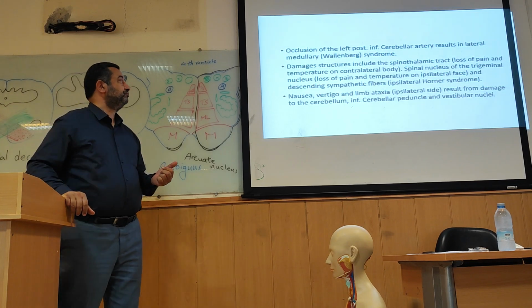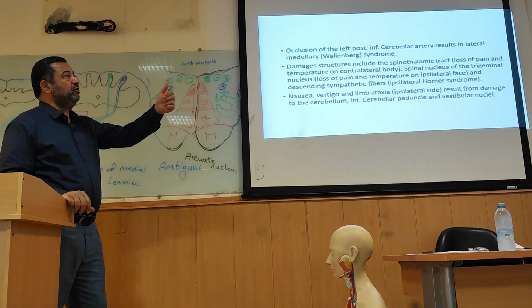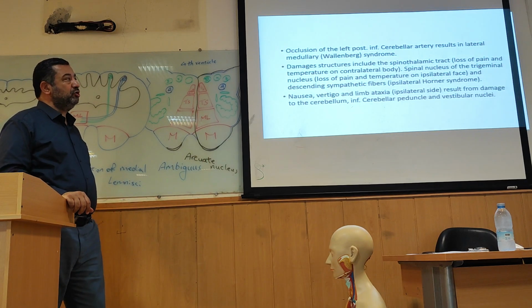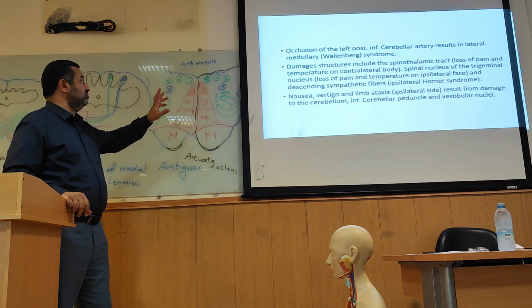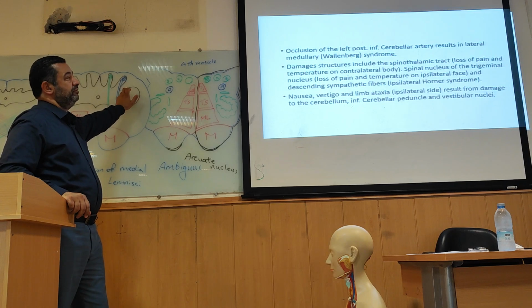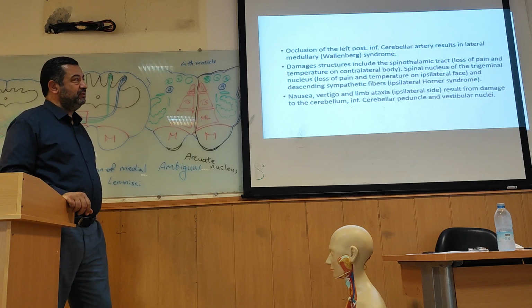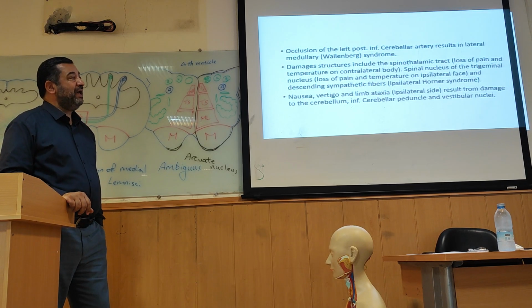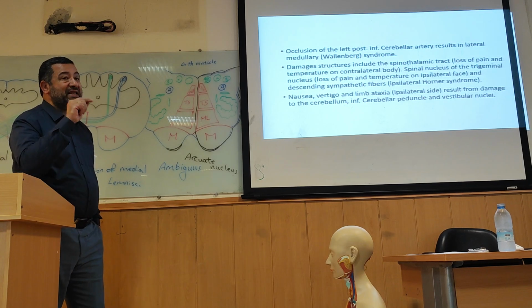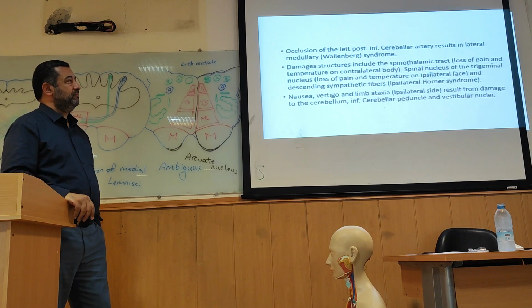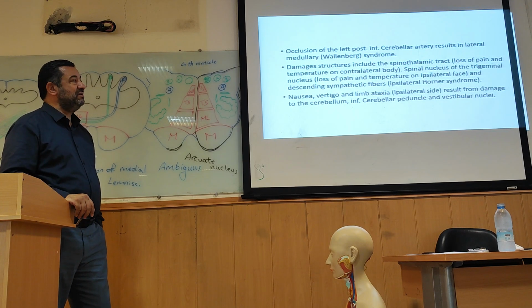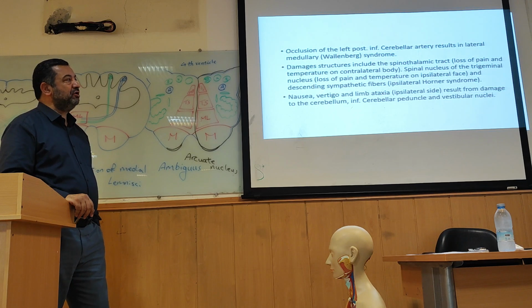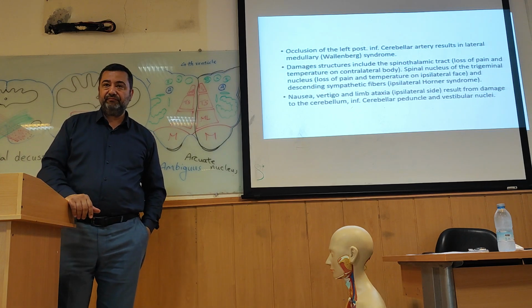Okay? Spinal nucleus of the trigeminal nerve. Spinal nucleus of the trigeminal nerve is here. Okay? Loss of pain and temperature on the ipsilateral face, and descending sympathetic fibers, ipsilateral Horner syndrome.